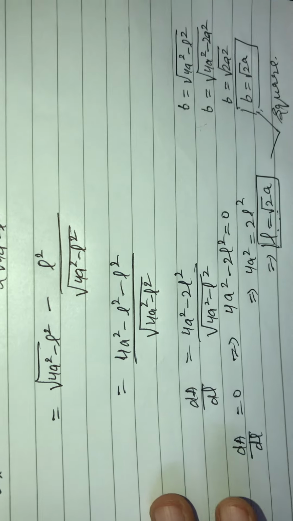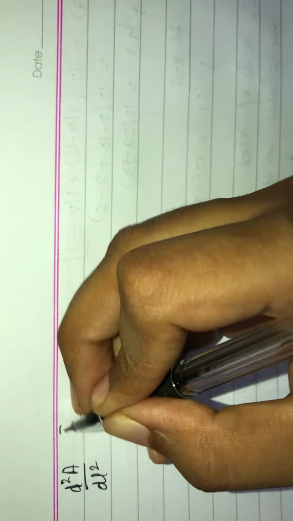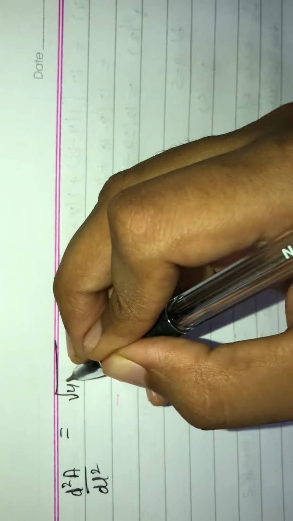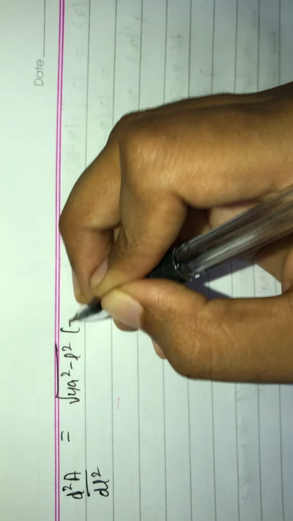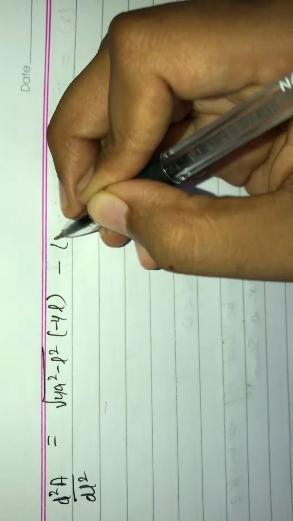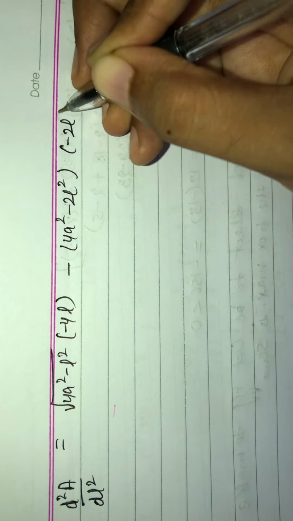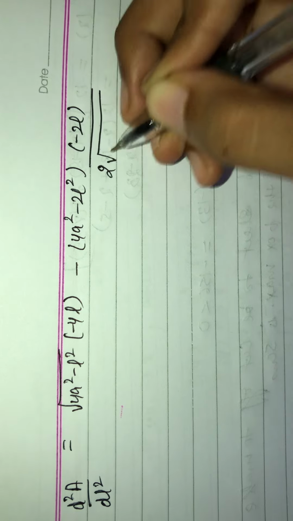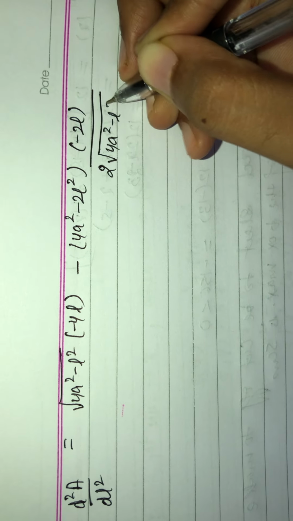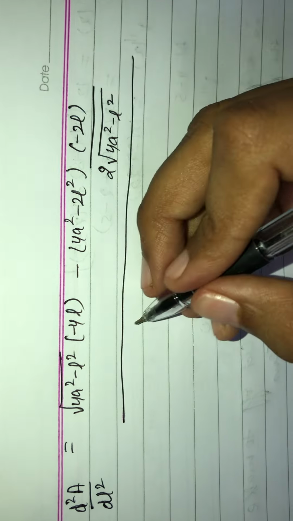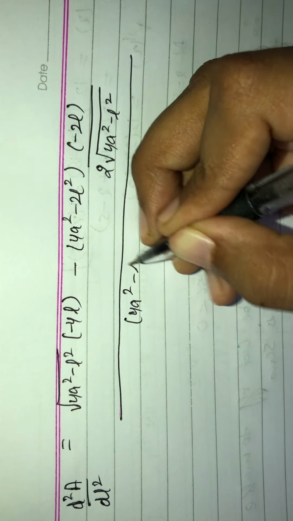Now prove the area of the rectangle is maximum. So d square A upon dL square, apply the quotient rule. So I am getting (4a square minus L square) minus 4L minus (4a square minus 2L square) minus 2L, that is by chain rule in the numerator, upon 4a square minus L square.